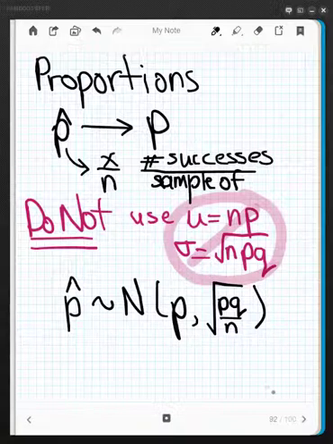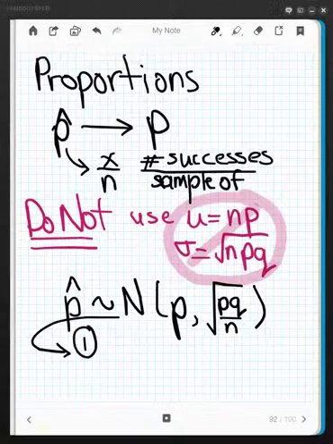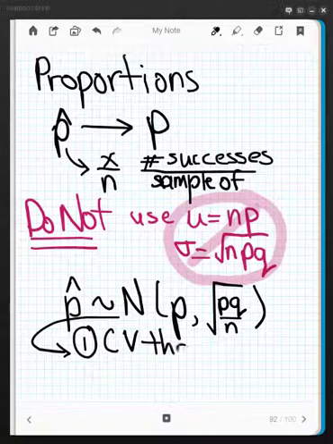That's one of the major issues with students in seeing this, is that they think that they're a little bit different. And this is going to tell us, number one, that we're going to use a critical value that's a z. That's the normal part of it.